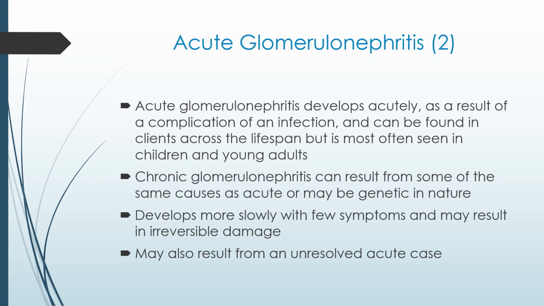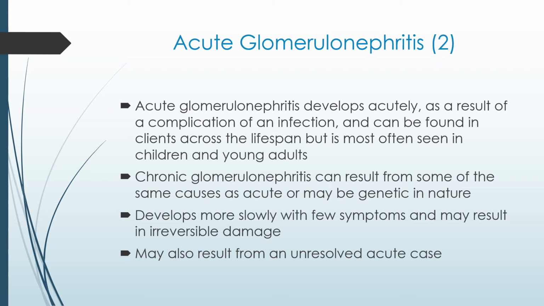Chronic glomerulonephritis can result from some of the same causes as acute and may be genetic in nature. So this means that they are prone. They are just simply prone. It develops more slowly with fewer symptoms and results in irreversible damage. May also result from an unresolved acute case, a case that has not been treated.